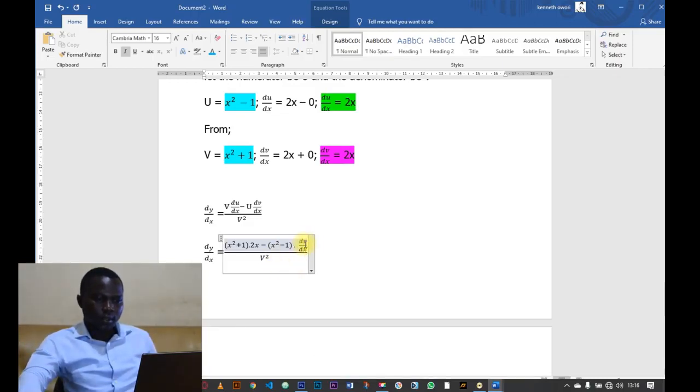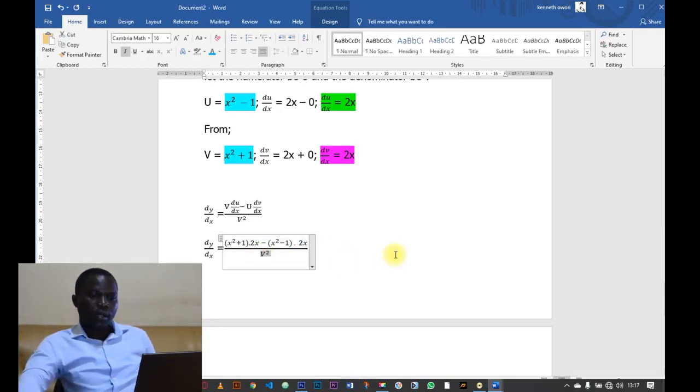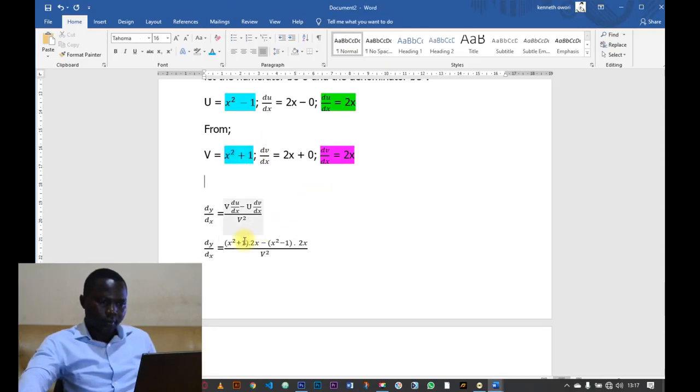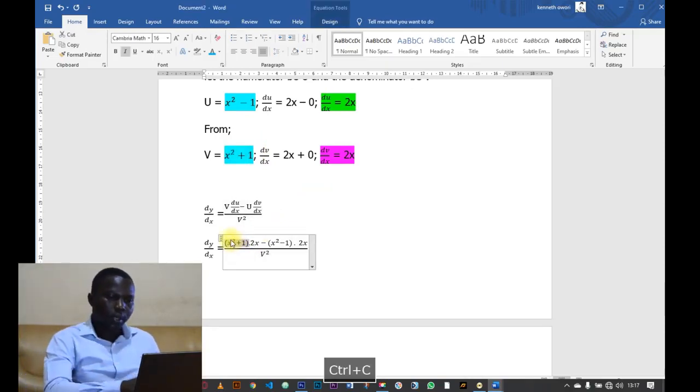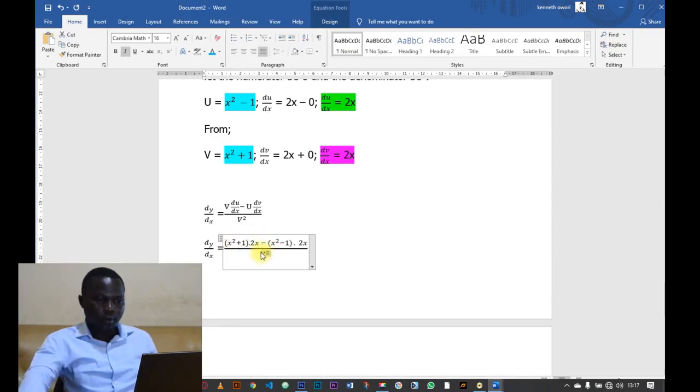Our dv dx is 2x, all over v squared. Our v squared will multiply x squared plus 1 to square x squared plus 1, because our v is x squared plus 1.